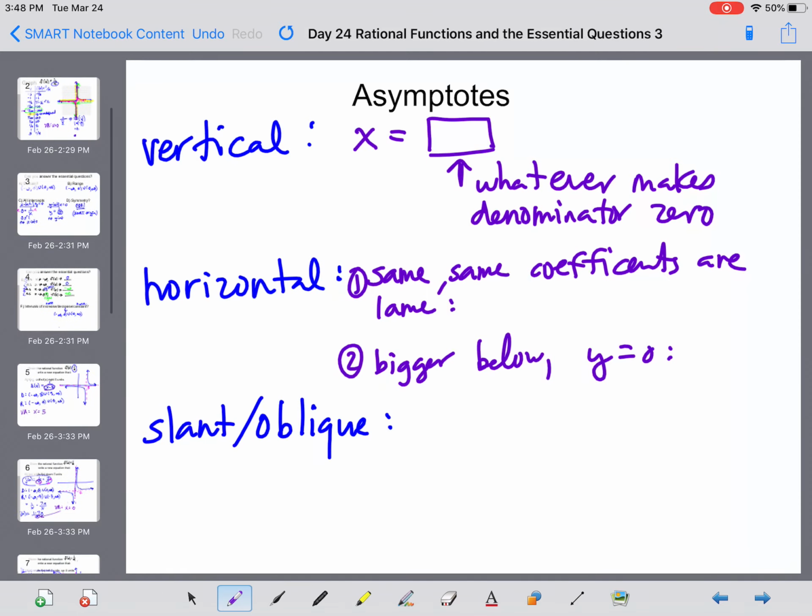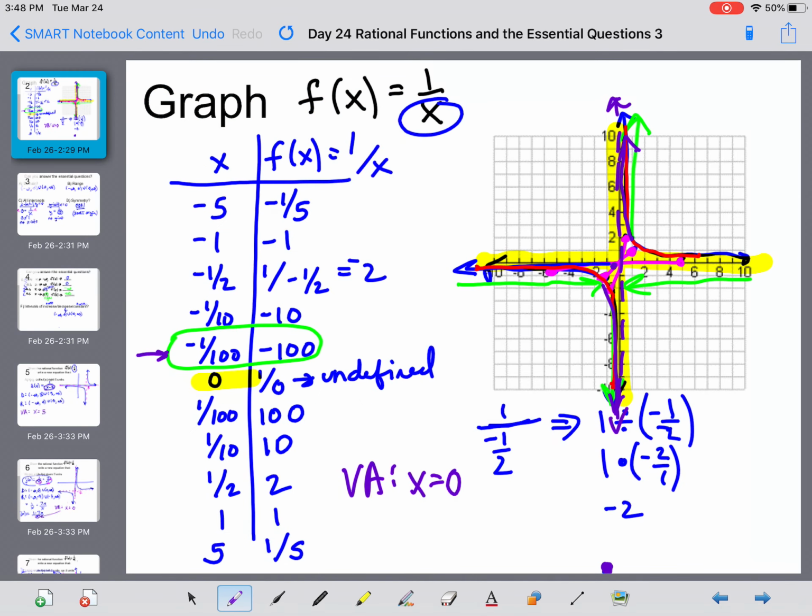Going back to our original parent function, for my horizontal asymptote, we're talking about the degree. The degree of the denominator for this one is 1, because that's really x to the first power. And the numerator right here would be degree 0, because there is no x value there. A constant is just a degree 0. So you have a bigger degree below.